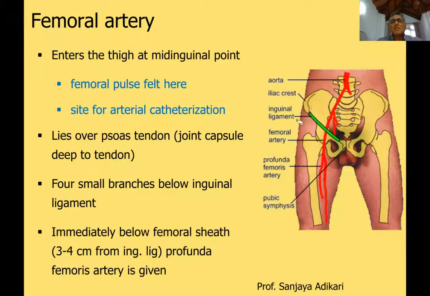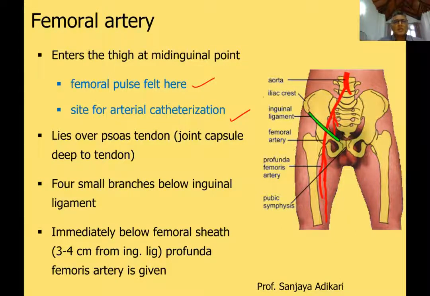So this is the mid-inguinal point where you can feel the femoral pulse against the psoas tendon lying in front of the hip joint. You can feel the femoral pulse, and for arterial catheterization you can use this site, or to draw blood with catheterization for blood gas analysis or something.